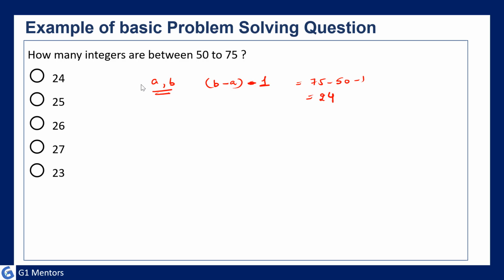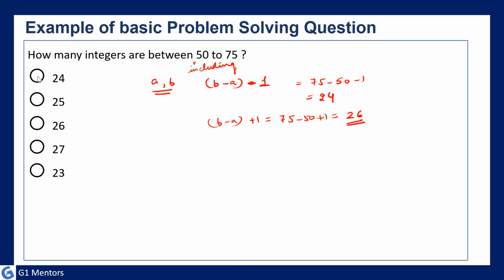If the question is how many numbers are between, including 50 and 75, then the answer is b minus a plus 1, that is 75 minus 50 plus 1, which is equal to 26. That is, 50 and 75 are also added.